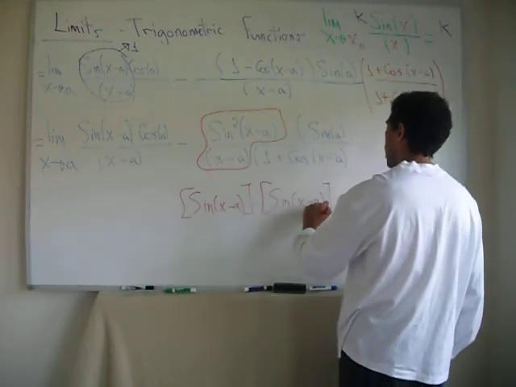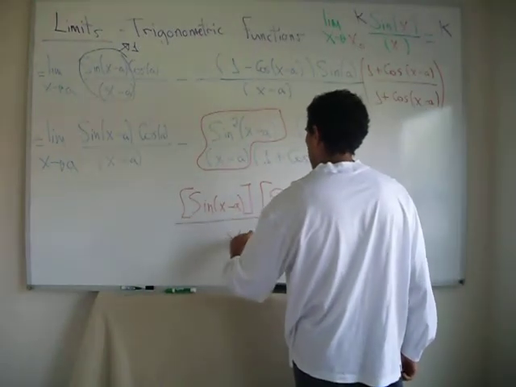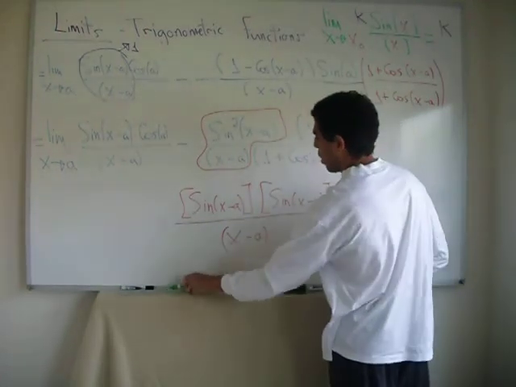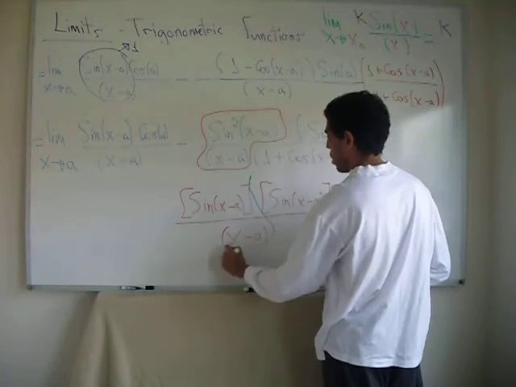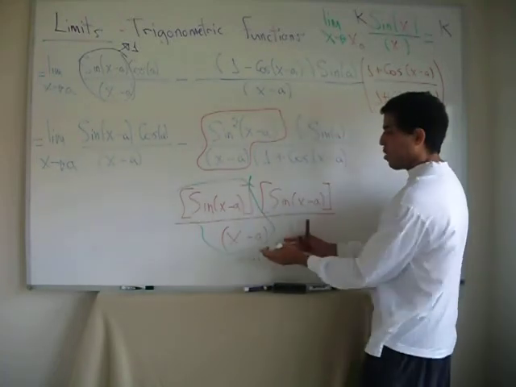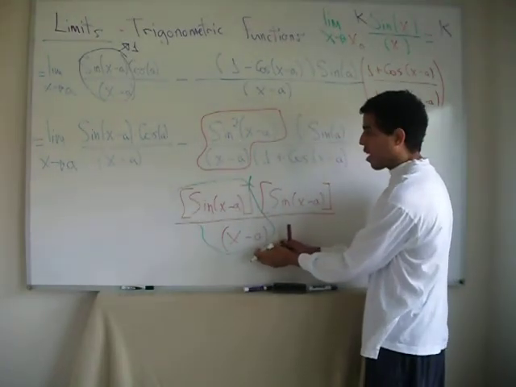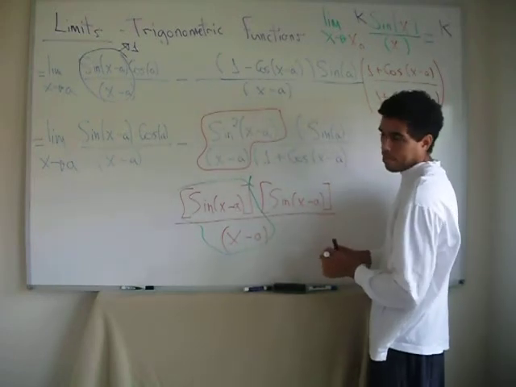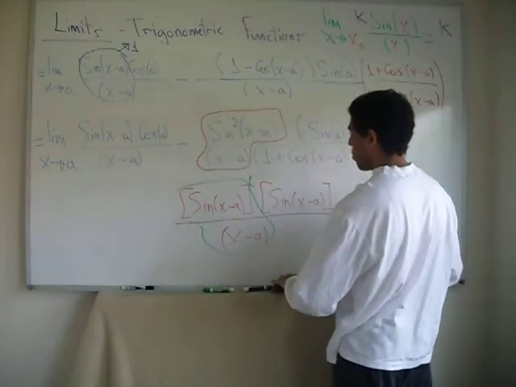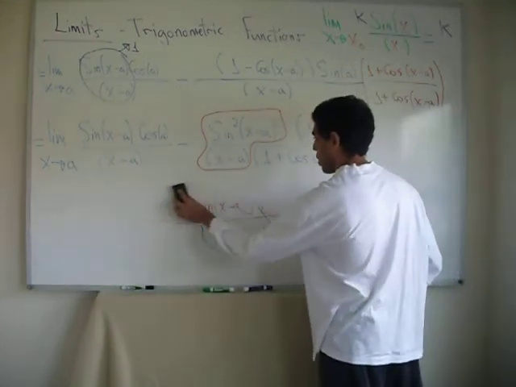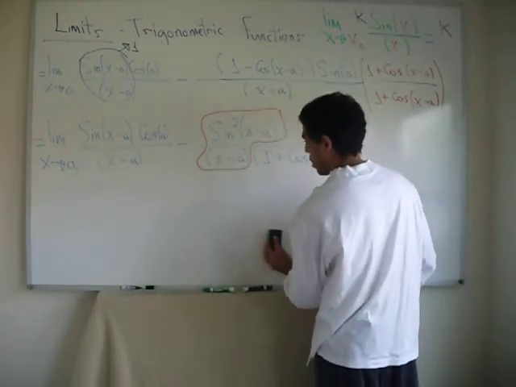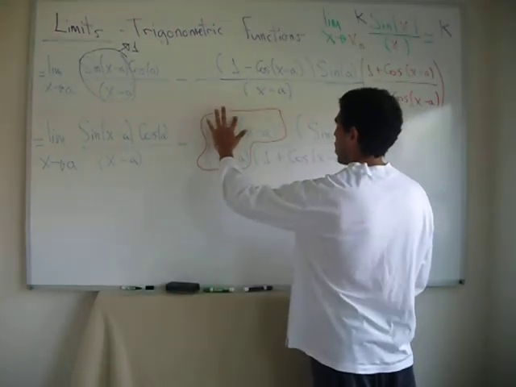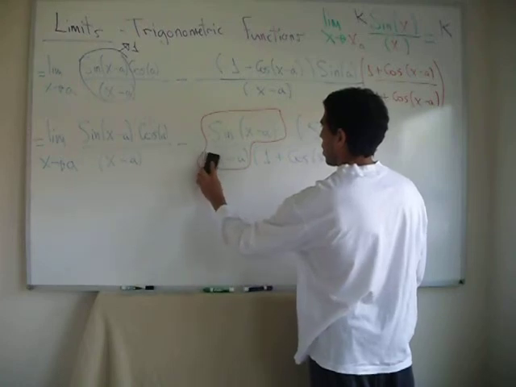This is exactly what I have right here, over x minus a. The notable limit is going to allow me to get rid of only one of them, which is this one. Okay? But the denominator will be gone, because I got rid of it with the notable limit. This stays, but this is gone. Okay? So, let me erase this. I get rid of one, and I get rid of this.